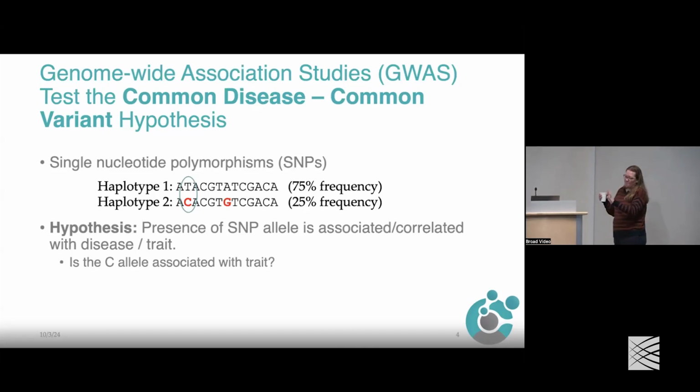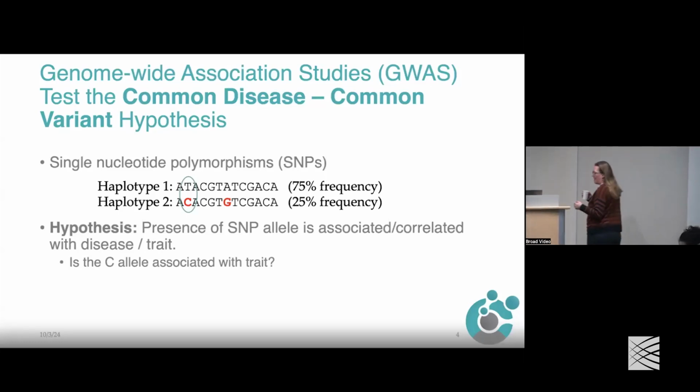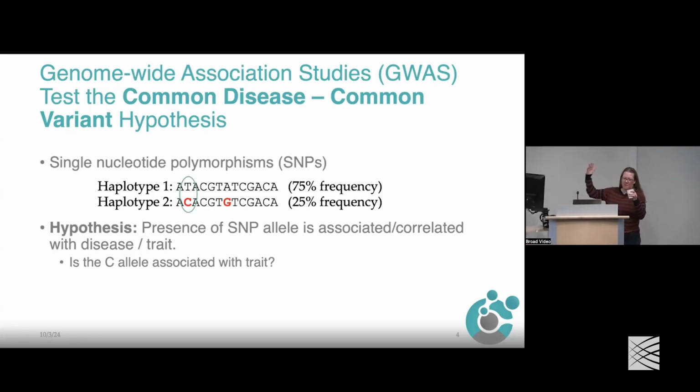But generally, we have an allele, a place in the genome where there is a change, and the allele has an observed frequency in the sample and the population that you're studying. And our hypothesis is asking the question, is the presence of this SNP allele associated or correlated with our disease and trait? So the C allele being perhaps the example that I have circled here with 25% frequency in this certain population.